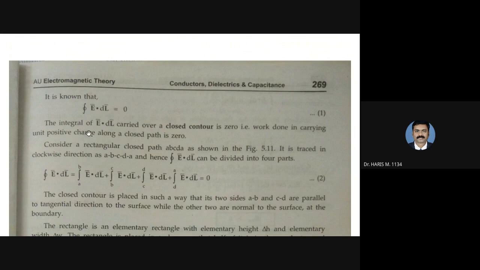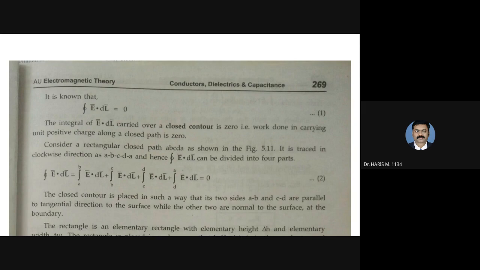The integral of E dot dl carried over a closed contour is 0. That is, the work done in carrying a unit positive charge along a closed path is 0. So if it is a closed path, you have to make use of these conditions. And if it is an open type of path, then the scenario is different.